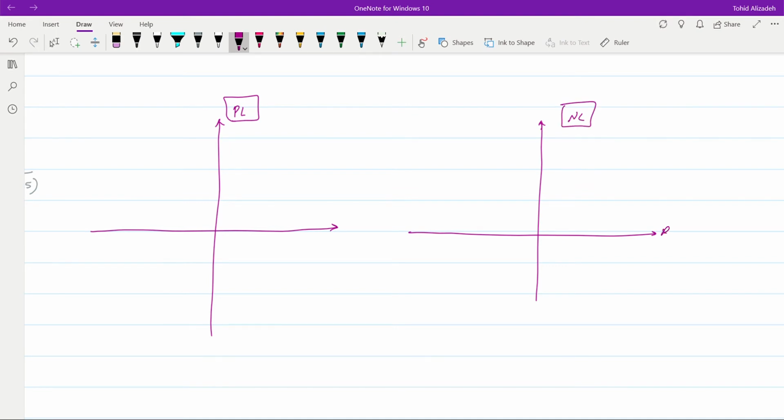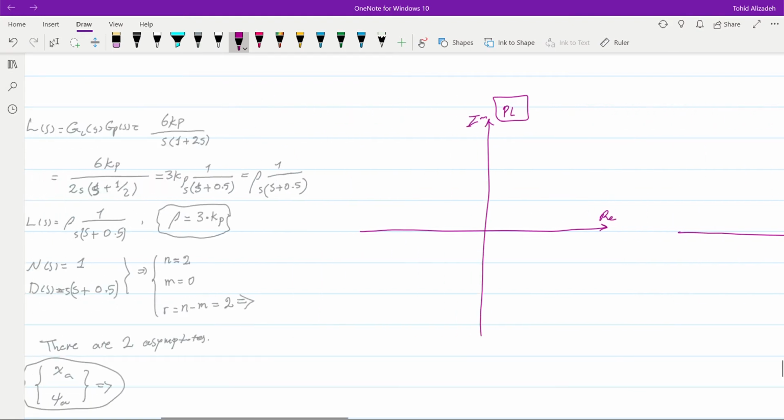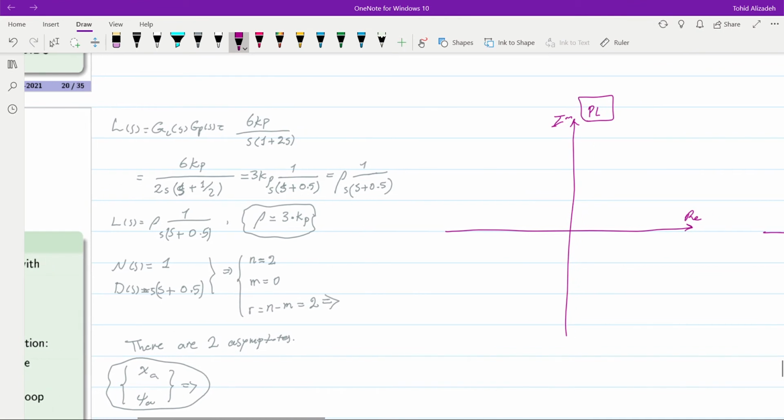So we have the real axis and imaginary axis here and there. Our system has no zeros and we have 2 poles. For the open loop system, S times (S plus 0.5) equal to 0 will give us the open loop poles of the system. S1 is at the origin and S2 is at minus 0.5.